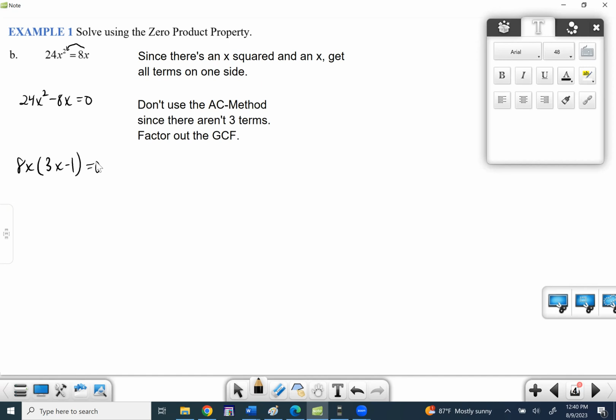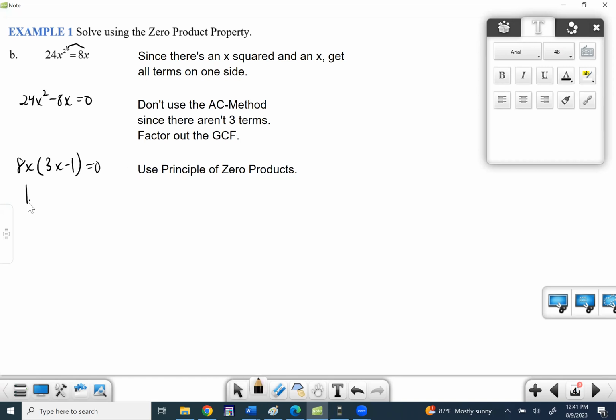And now we're ready to use the zero product property, right? We have something times something equals 0. So we're going to use the principle of zero products, right? So we're going to set each piece equal to 0.